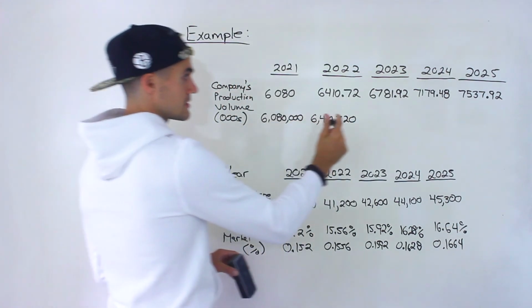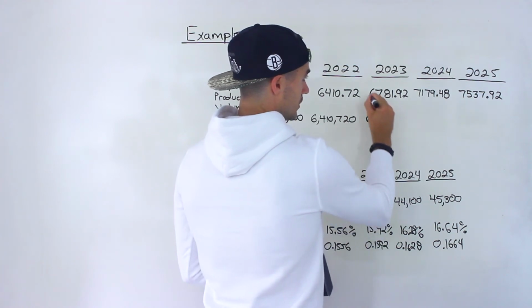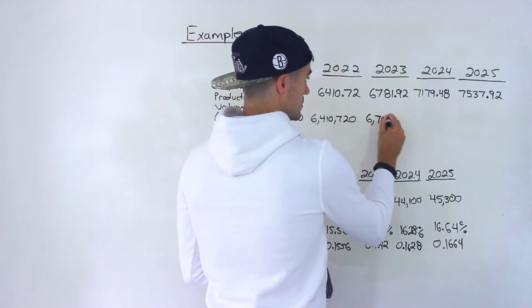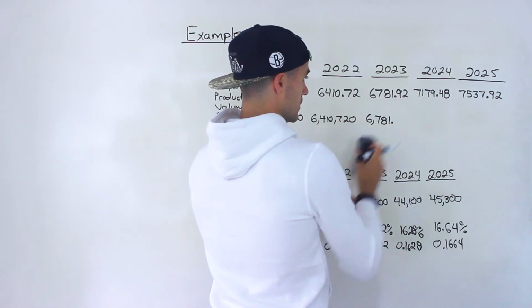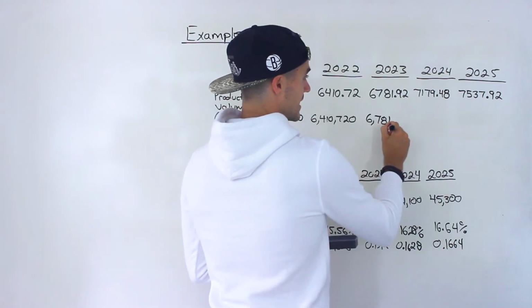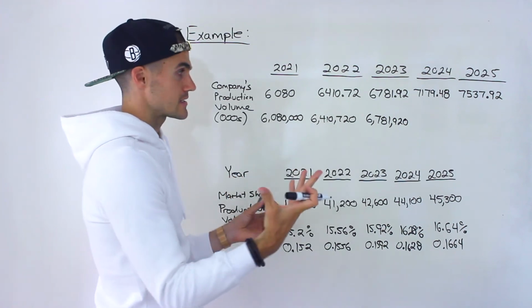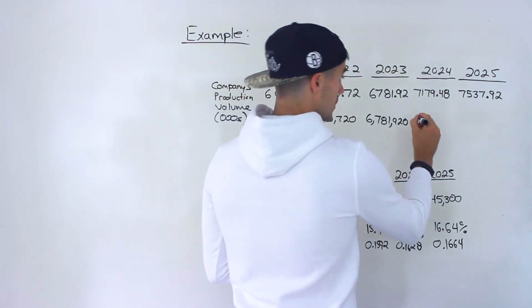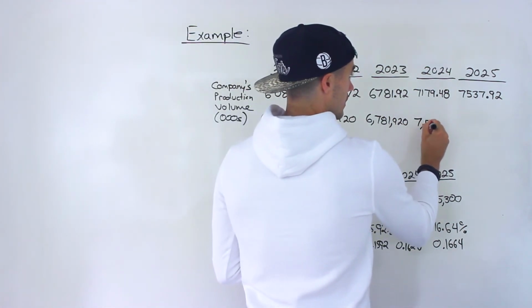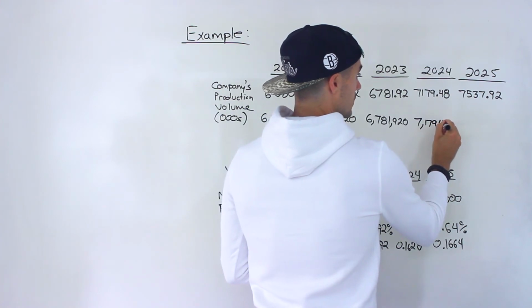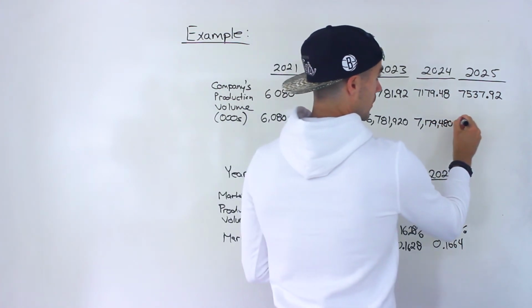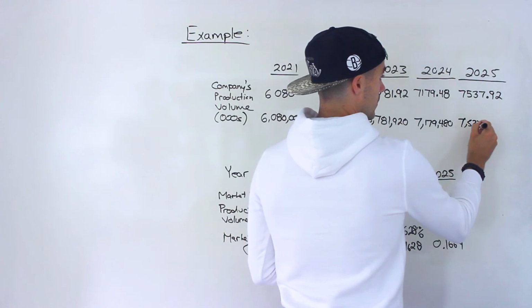And actually, we need these numbers because it's easier to see if we multiply them by 1,000, because the second question is saying the company's current production capacity is 6.5 million units. And so in which year, they're asking, will the company have to expand?